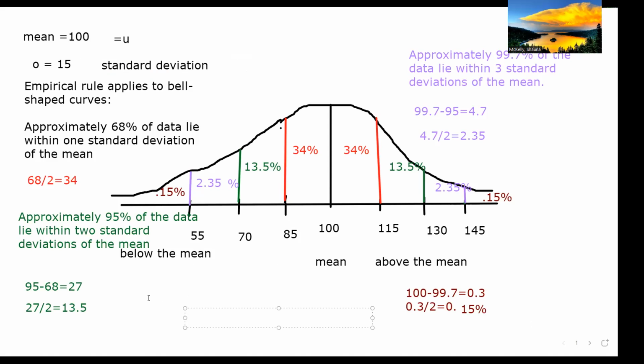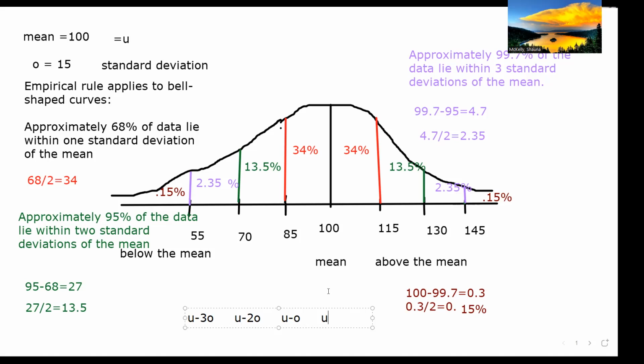So this is mu minus 3 sigma. Then 70 is mu minus 2 sigma. 85 is mu minus sigma. The mean here is mu.